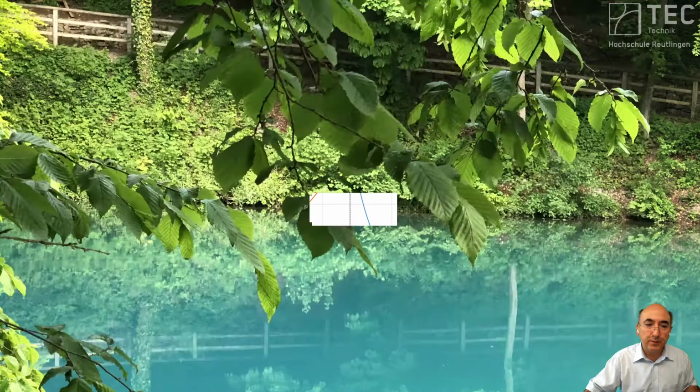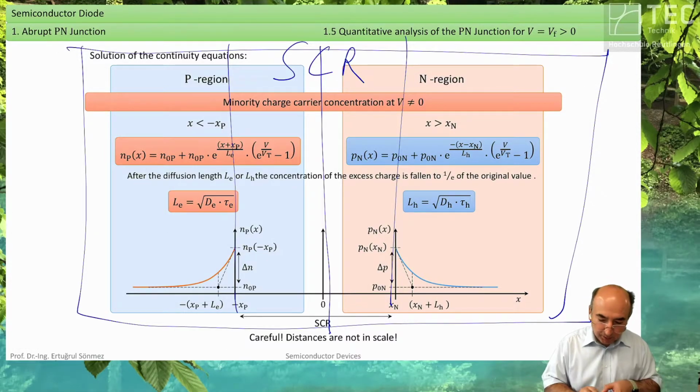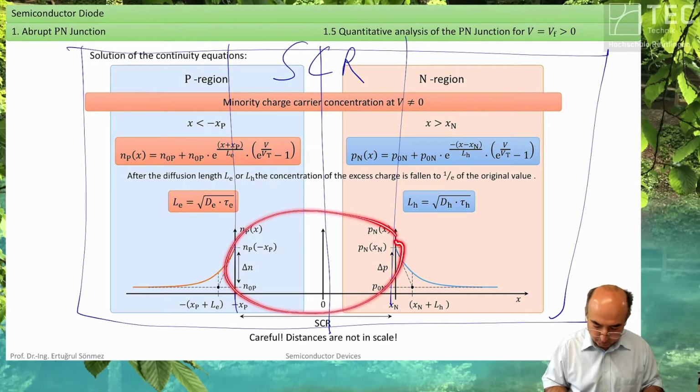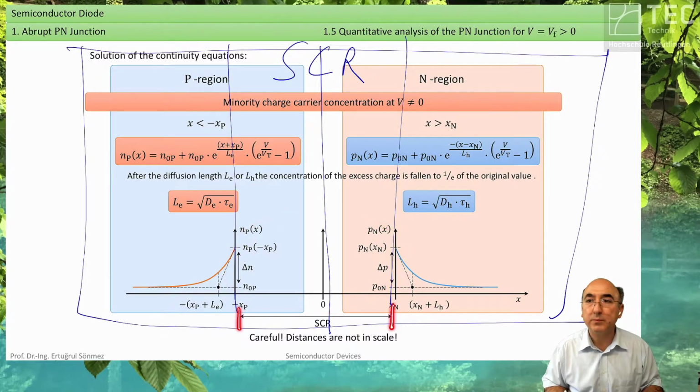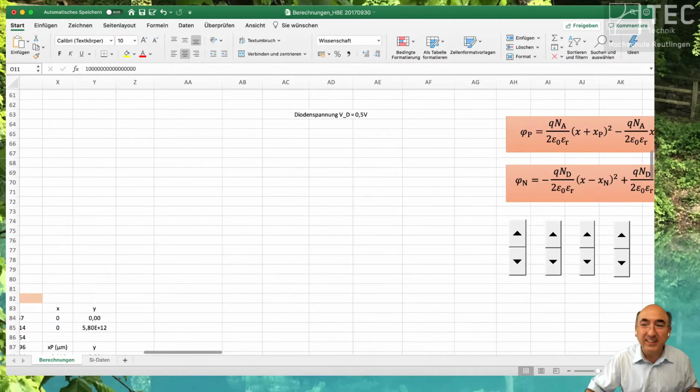It is decreasing with an exponential value. The electron density, the hole density is also decreasing, but we don't see what I have given you in my sketch. You don't see this space charge region. You just see this and that. Why? Because I have put you onto a lie in the sketch.